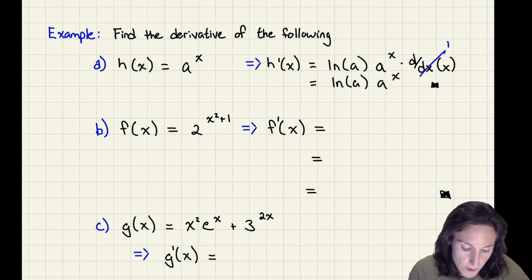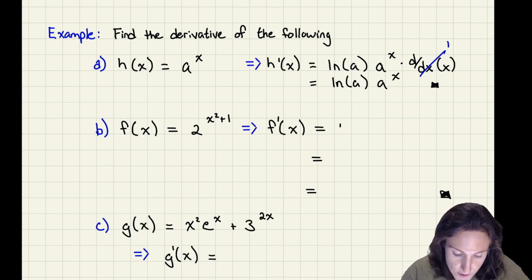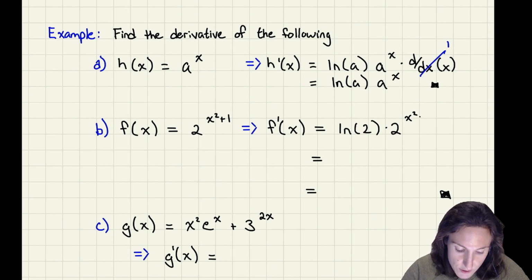Now let's try one where we're going to have to use the chain rule. And instead of having a general a, I'm going to use 2 this time. So the derivative of that, we do ln of the base, rewrite what we have, so 2 to the x squared plus 1, and then we take the derivative of the thing in the exponent.